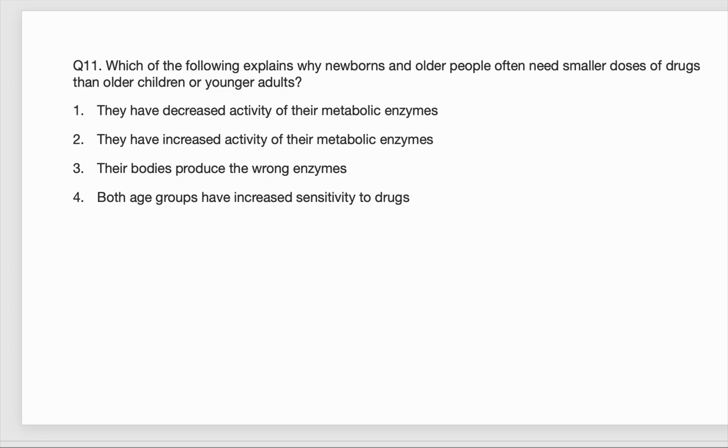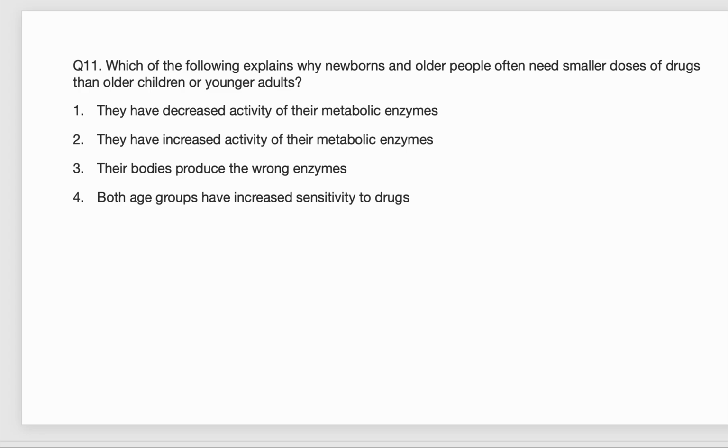Yeah, correct. Newborns and older people have very poor metabolism, because their metabolic enzymes do not work as effectively as they do in an older child.